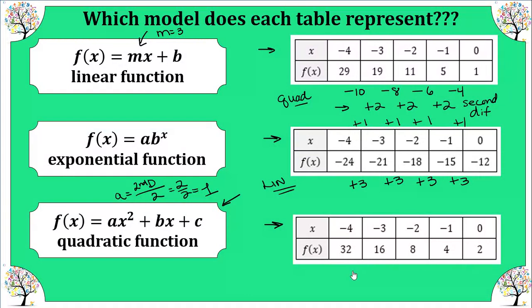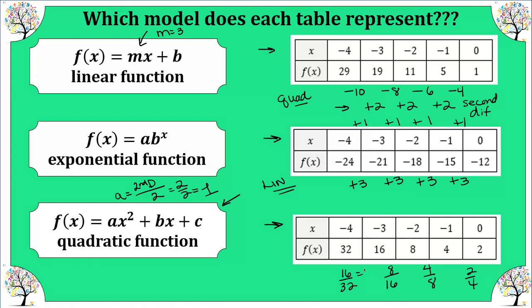Let's take a look at our last table. We're going from 32 to 16 to 8 to 4 to 2. So I can kind of just see the pattern that this is being divided by 2. Or in other words, we could say it's 16/32, 8 over 16. We could compare 4 to 8 and 2 to 4.